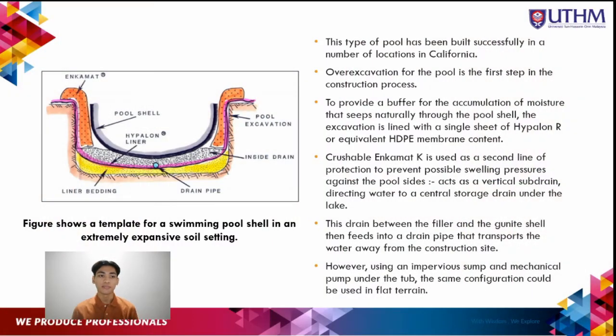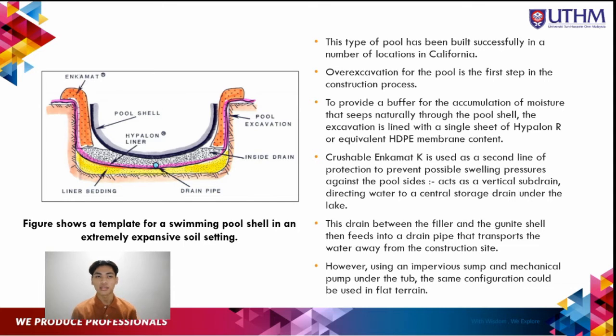The figure shows a template for a swimming pool shell in an extremely expansive soil setting. This type of pool has been built successfully in a number of locations in California. Overall excavation for the pool is the first step in the construction process. To provide a buffer for the accumulation of moisture that seeps naturally through the pool shell, the excavation is lined with a single sheet of Hypalon or equivalent HDPE membrane. Crushable material is used as a second line of protection to prevent possible swelling pressures against the pool sides.